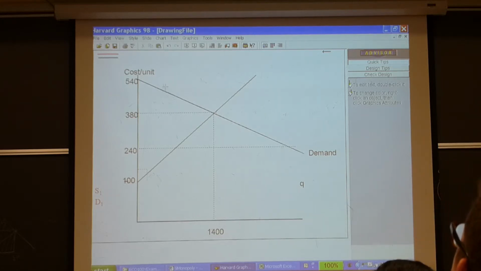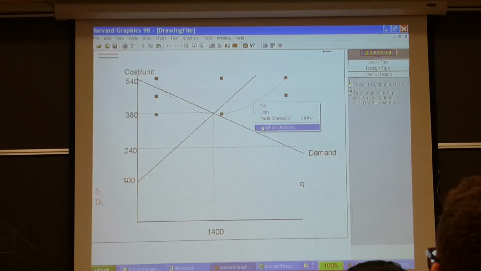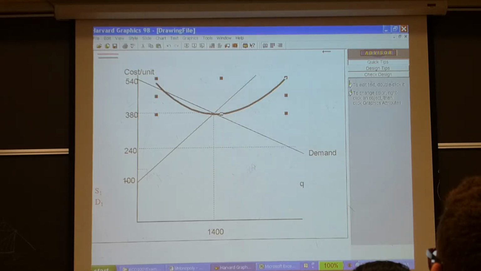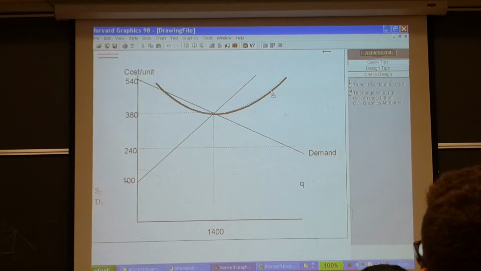Something like this. I'll draw it like this. I'll shift this up a little bit. Okay, this is the average cost function of the industry.